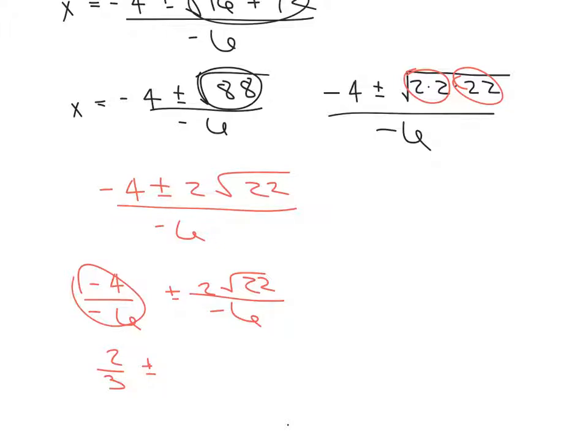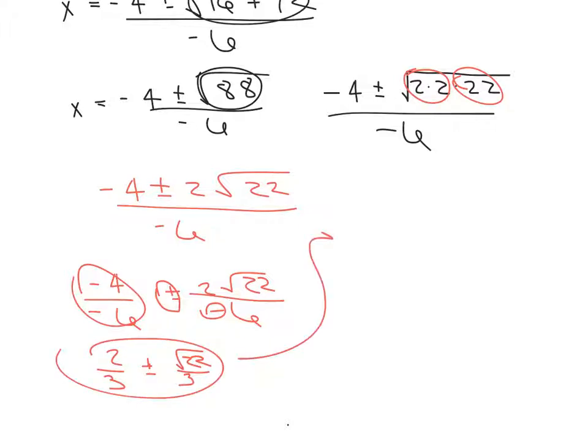But because of the plus or minus here, the negative part is kind of irrelevant. So square root of 22 over 3. And let's write this as one fraction then. So x equals 2 plus or minus the square root of 22 over 6.